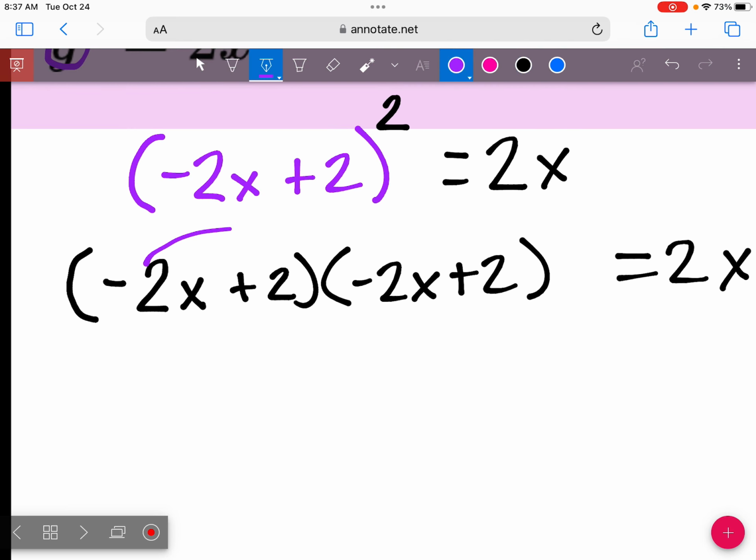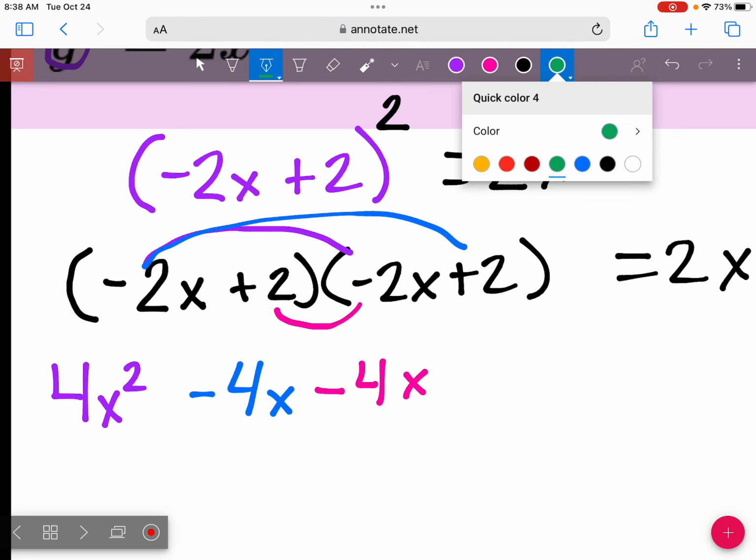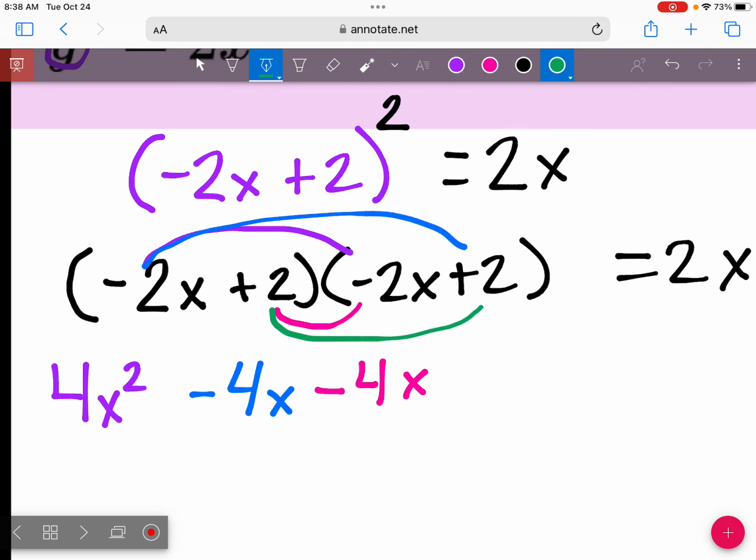Because we're going to have our minus 2x times minus 2x, where we get 4x squared. So we do get that piece. But then we get minus 2x times 2, and we get minus 4x. And then I got to do my second term, 2x times minus 2x, and we get minus 4x. And then one last piece, this 2 times that 2 to get plus 4.